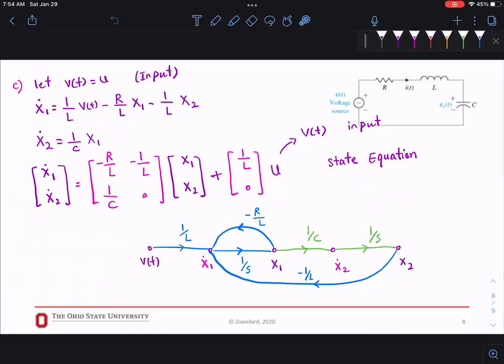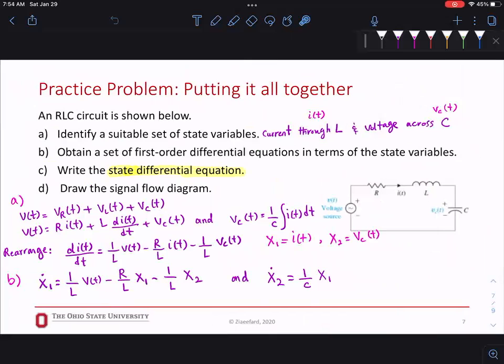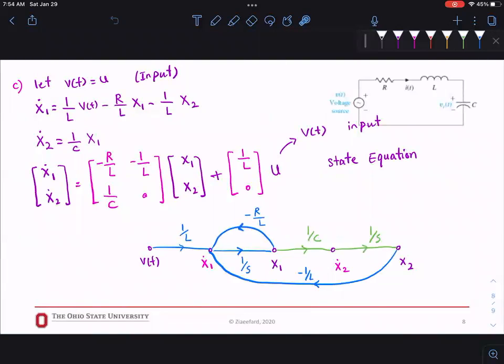Now, the next thing the question asked was to draw the signal flow diagram. You can draw the signal flow diagram using this set of equations.